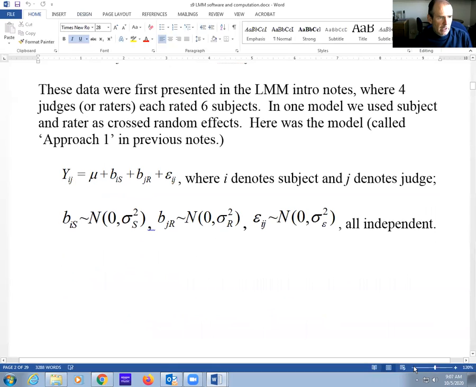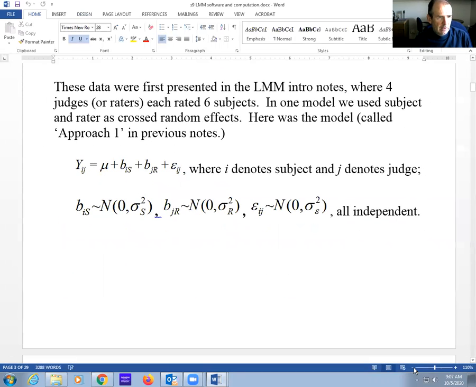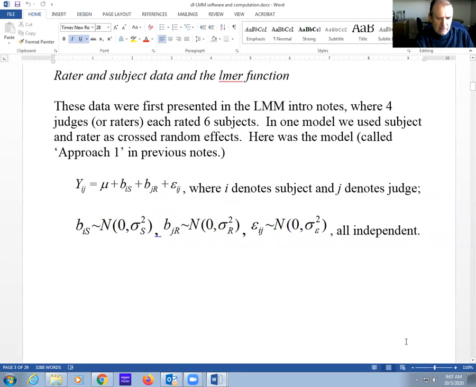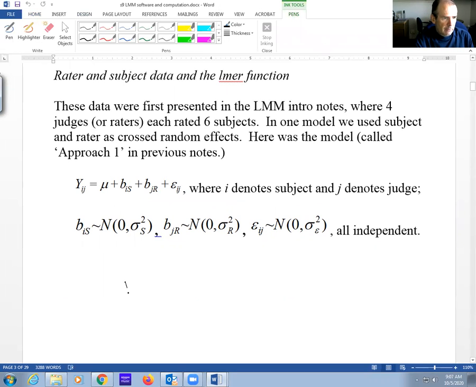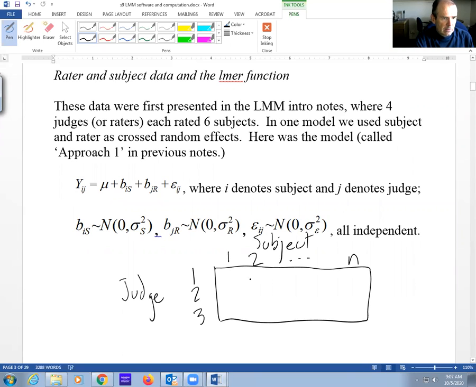Okay, so we have this example. We have crossed random effects, and what that means is if we have judge 1, 2, and 3, and we have subject 1, 2, up to n, you can think of it on a grid like this.